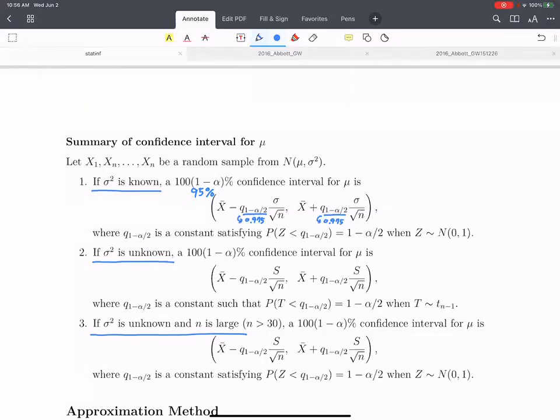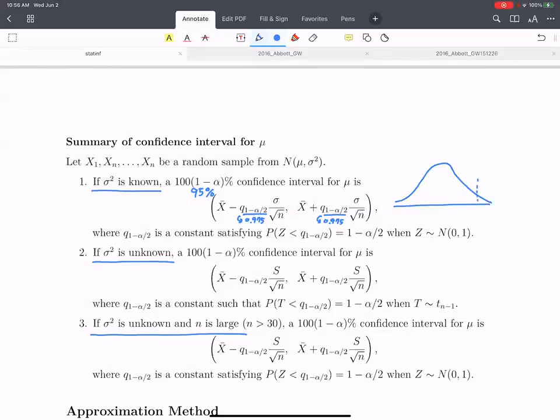So if you change the confidence level, then what changes is the quantile value, q sub 1 minus alpha over 2. And the quantile is defined as a value that makes the probability equal to that subscript.